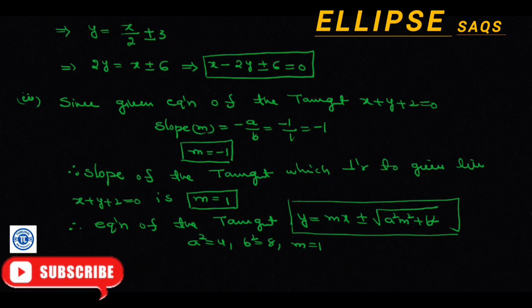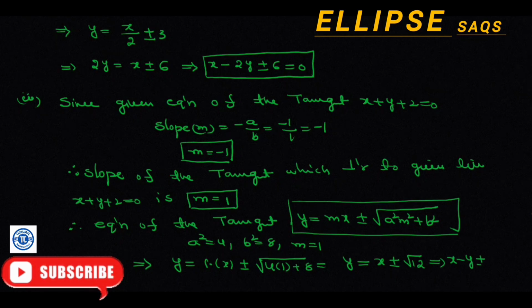These three values substitute in above formula, then we get required equation of the tangent which is perpendicular to given equation x plus y plus 2 equal to 0. So y equal to 1 into x plus or minus under root of a square is 4 into 1 square is 1 plus 8, y equal to x plus or minus root 12, then implies x minus y plus or minus root 12, which is 2 root 3, is equal to 0, is the required equation of the tangent.